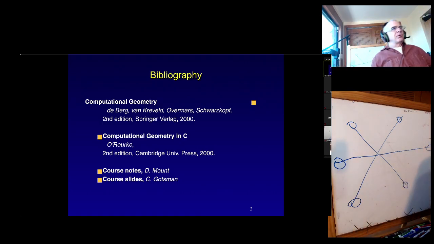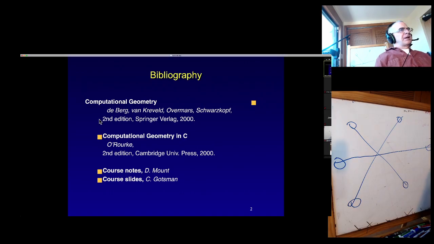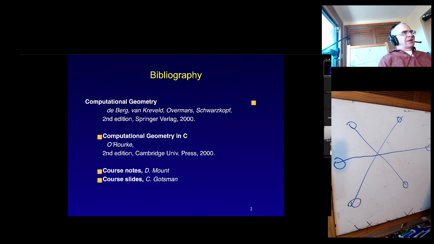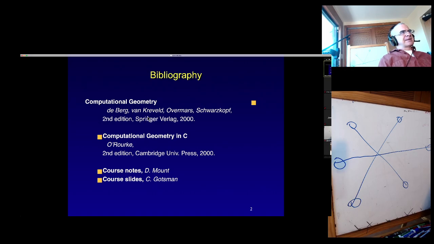So O'Rourke has two related textbooks. One is Computational Geometry in C, and one is Computational Geometry, and it's a very nice textbook, more common somehow in the undergrad version of the course, but beautifully explained, and the topics are quite similar.